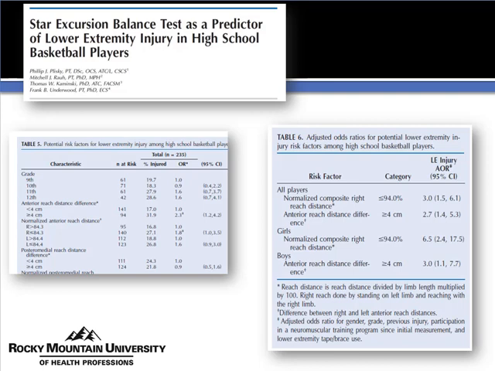Dr. Phil Plisky, who was a graduate of Rocky Mountain University from its early days, if you take a look at table 6 in his study, had the AOR. What's that mean? That's the abbreviation there for adjusted odds ratio. He also had crude odds ratios, and we find those in table 5, the OR here.